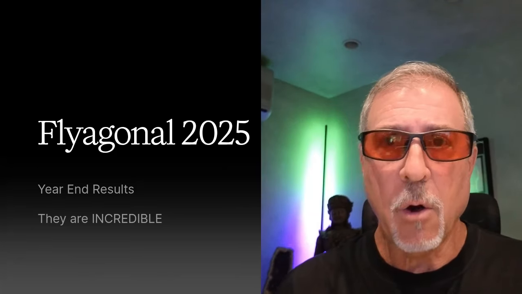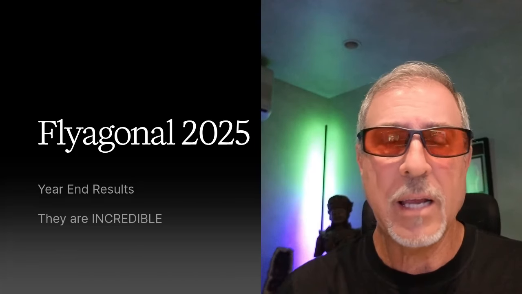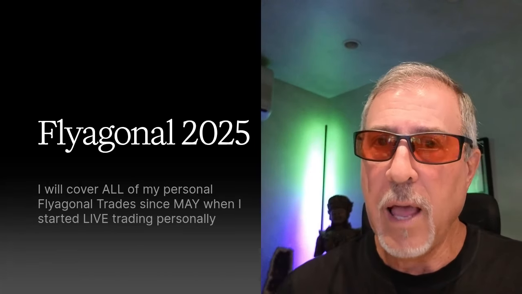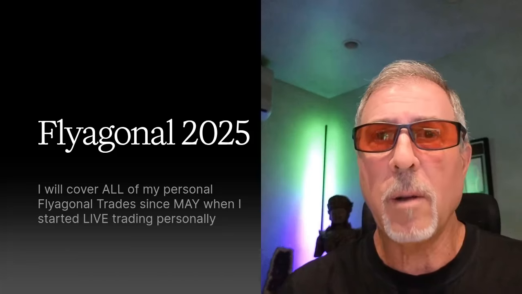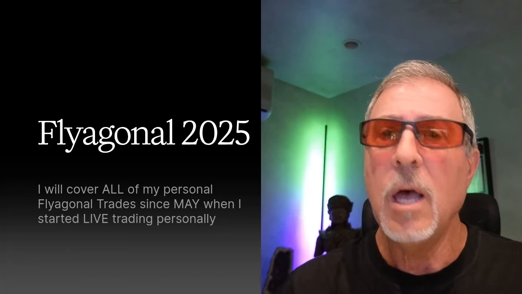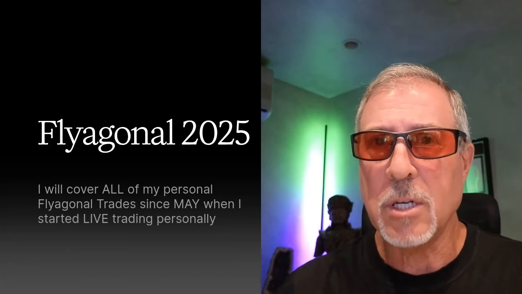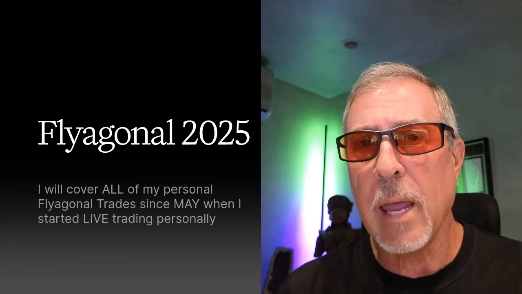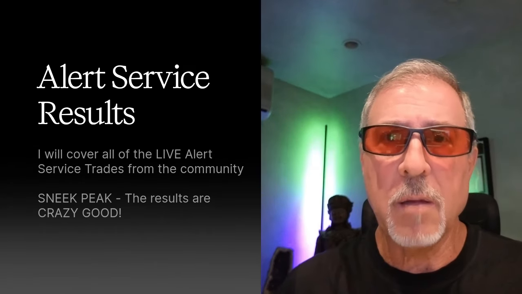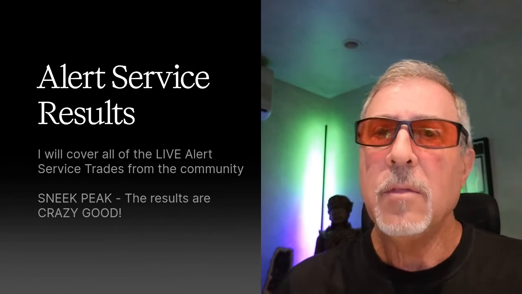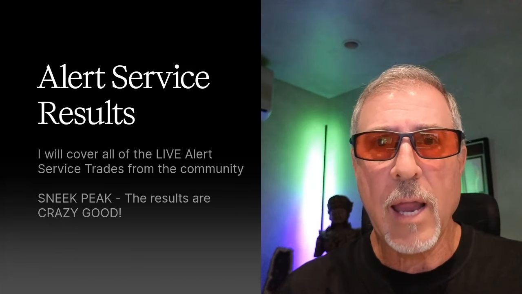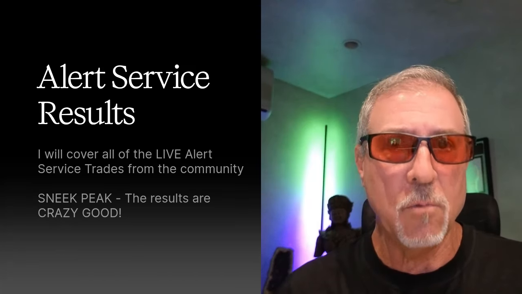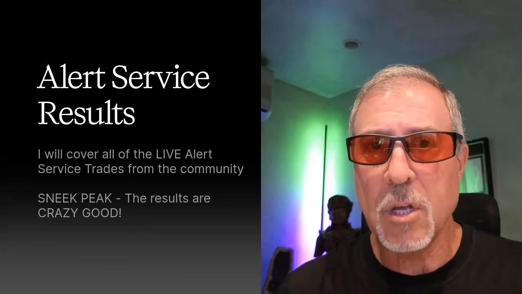In this video, I'm going to report on two distinct sets of data. The full flyagonal data analysis that represents the strategy's performance across its broader application since I started using it last May. And then I'm going to talk specifically about alert service data. These are the specific results of the trades that we've executed and managed in real time within my alerts community.